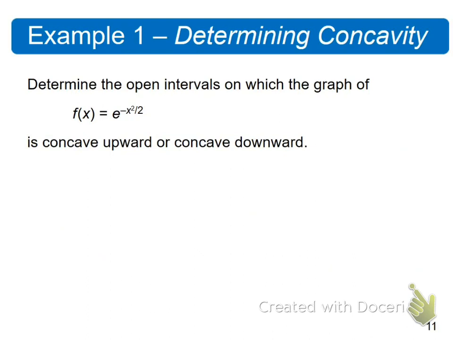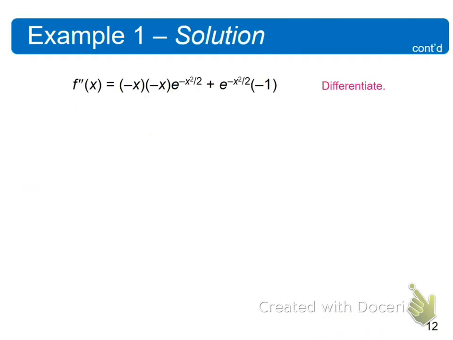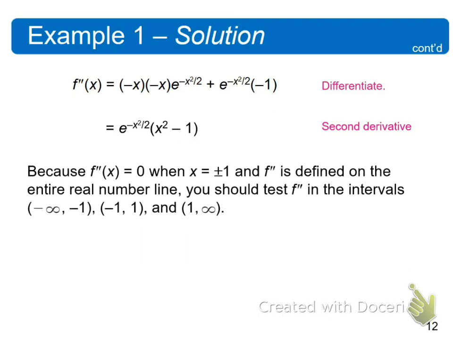All right. So I'm not going to write it out. Let's just talk about it. Determine the open intervals in which this function is concave up or concave down. So you know what I'm going to do? I'm going to take the first derivative. Then I'm going to take the second derivative. And I'm going to find my zeros of the second derivative. And my zeros are at -1 and 1. Okay? Just look here. Then I'm going to pick a test point.